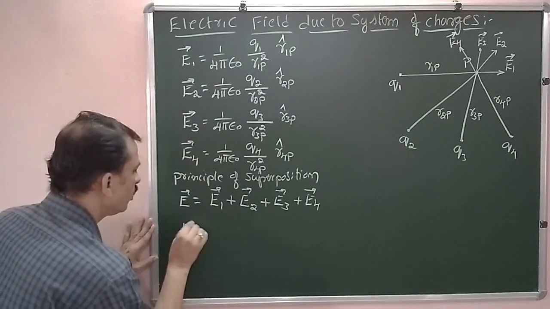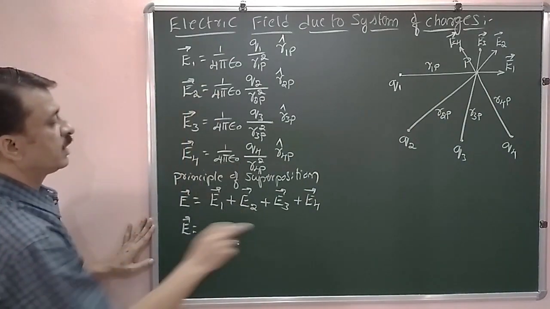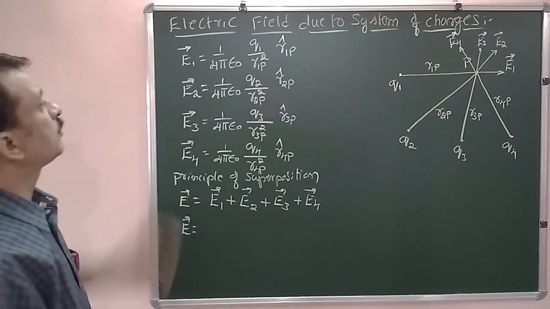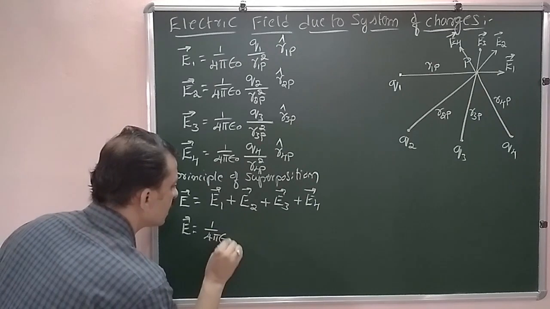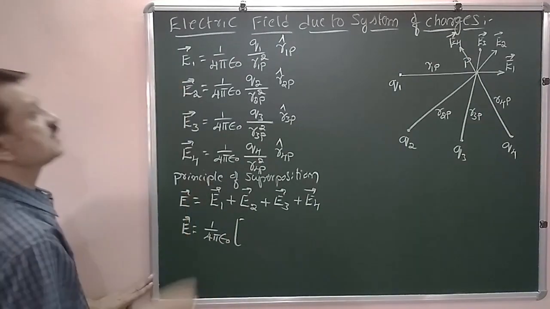So if I substitute all the values and take the common things out, 1 divided by 4 pi epsilon naught is common in all the cases.